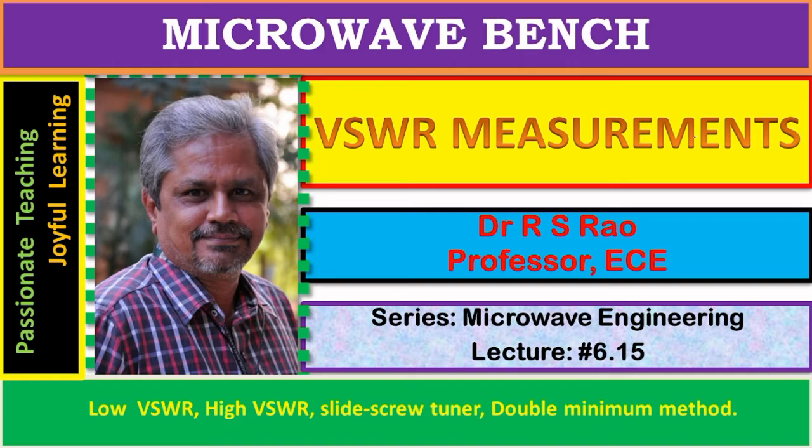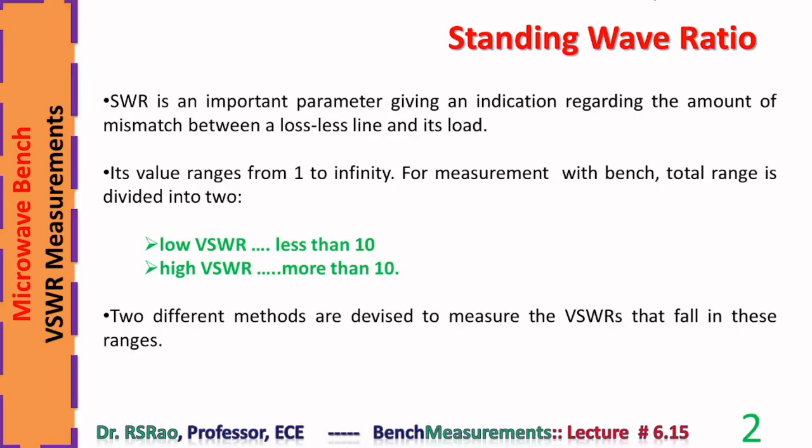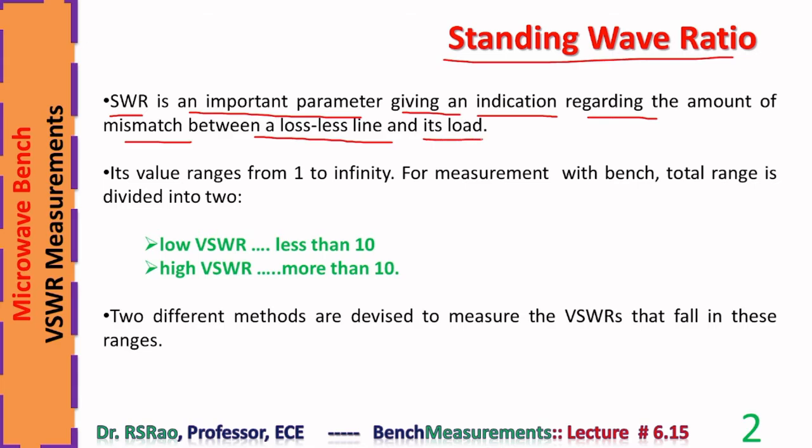Now let us move further into the course session. We start the session with a few introductory points. Standing wave ratio, SWR, is an important parameter giving an indication regarding the amount of mismatch between a lossless line and its load. Its value ranges from 1 to infinity. For measurement purposes with the bench, the total range is divided into two: low VSWR, high VSWR.